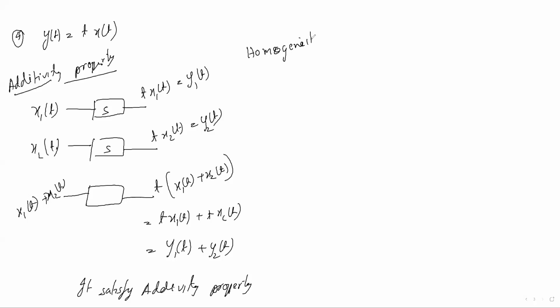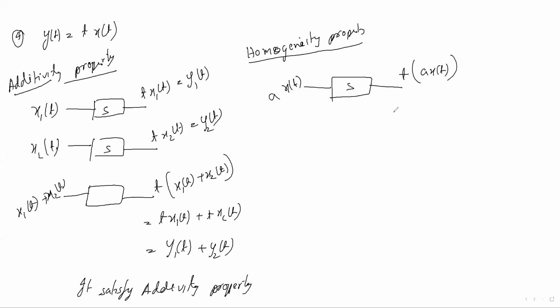Homogeneity property. I will check it: if we take any signal x of t and multiply with a, then what would be the output? Output would be t, input is a x of t. We can bring this a outside and write t x of t, and this t x of t is nothing but y of t.